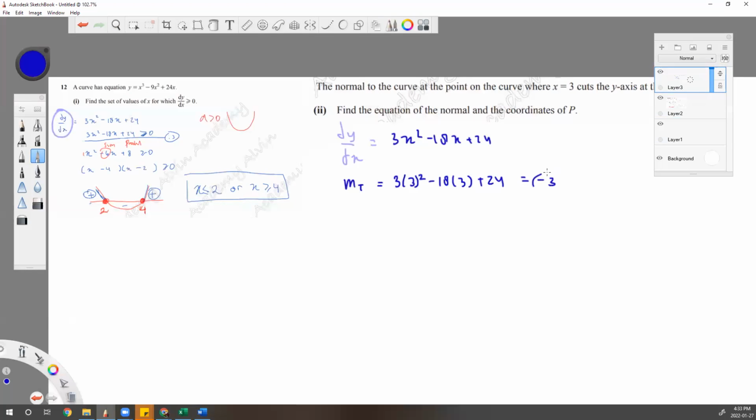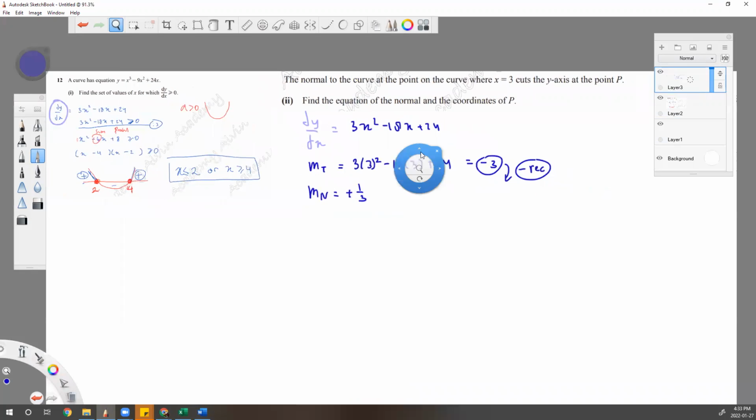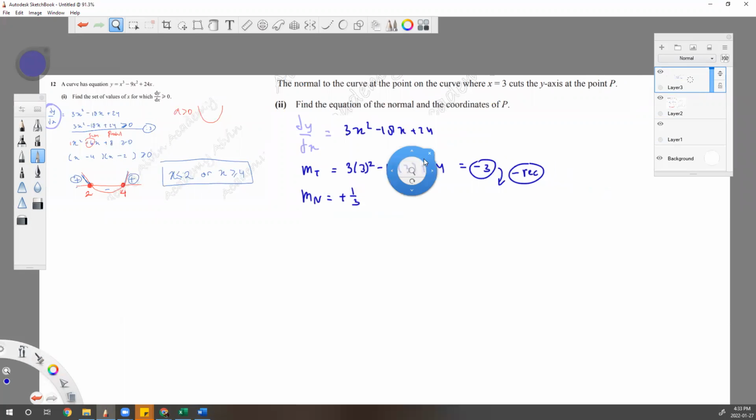So the gradient of the tangent line is negative 3, but the gradient of the normal is the negative reciprocal: the negative becomes positive, and 3 becomes 1/3. When we find the normal, you always have to find it from the first derivative and use the negative reciprocal rule.